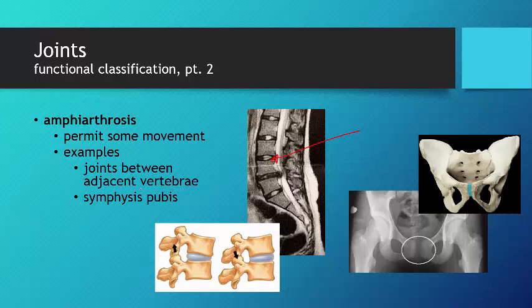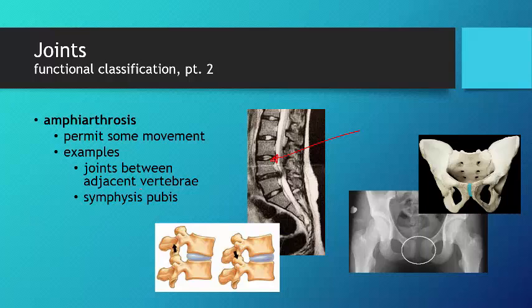So those joints between the adjacent vertebra, they are not freely movable joints, but they do allow us to bend over and touch the ground, or to stretch up and back into a back bend. So we can get some movement out of them, just not a huge amount of movement. The reason our backs are so flexible is because there are so many of these discs in between the vertebrae that really allow the range of motion that we get from the back.